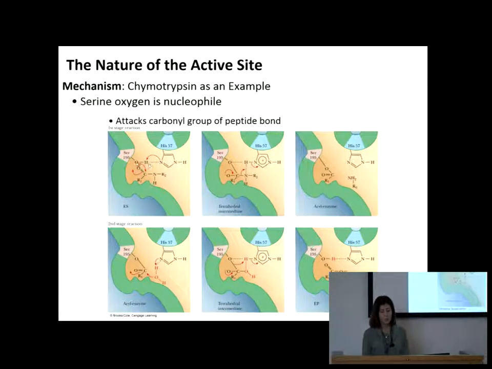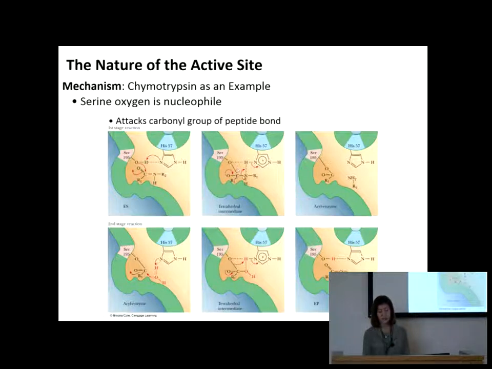But the oxygen on the serine is going to act as a nucleophile to attack the carbon of the carbonyl of our peptide bond. And so a new covalent bond is formed between the serine and the substrate, the carbon of the carbonyl. And we get a very strained intermediate.